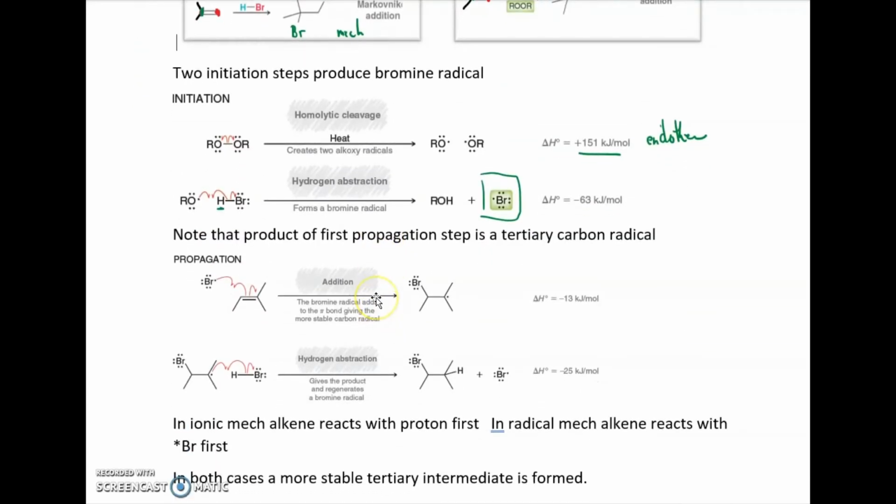The bromine radical will add to the double bond here, and it will add in such a way that it adds to the less substituted carbon, because that makes a more stable radical.